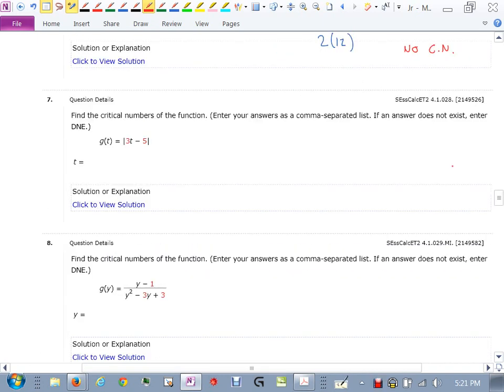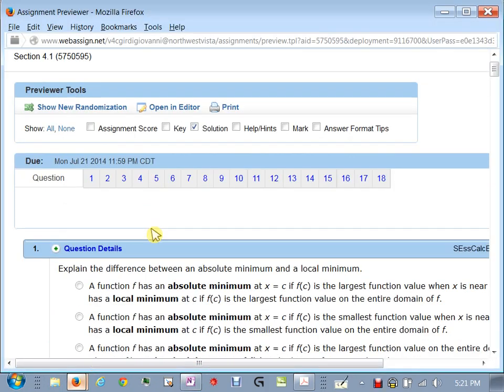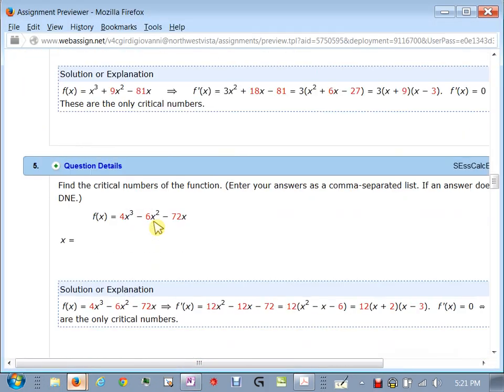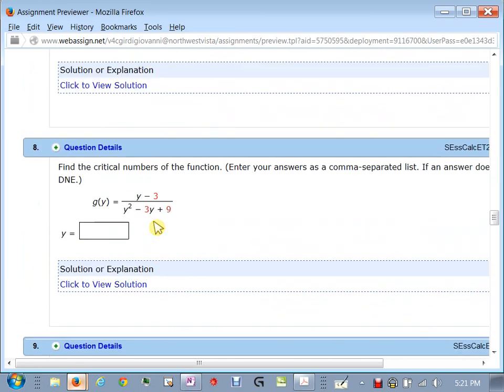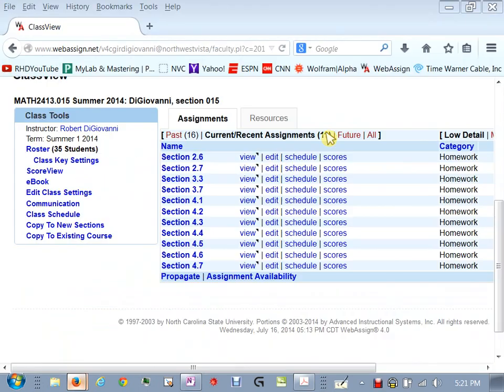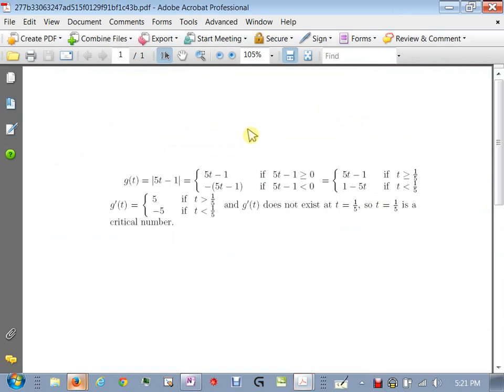Okay, for the next one, this one's a little tricky. Let me bring up the solution so you can see, instead of having to write all this out. You have to know a little bit about the absolute value function, how it's defined. So if you want to say the absolute value of something, the absolute value of 5t minus 1, what you're going to do is break that up into a piecewise function.